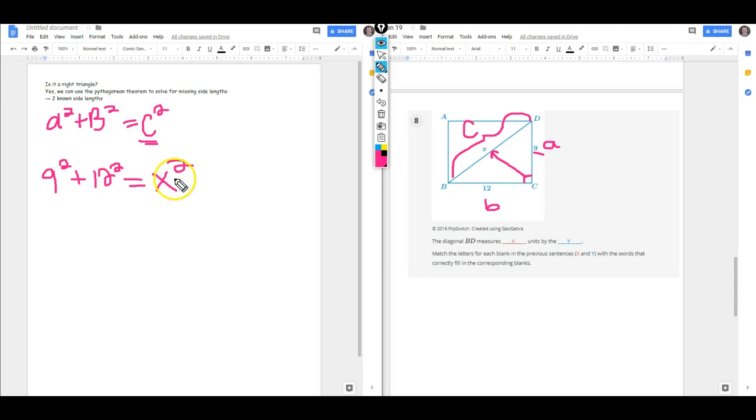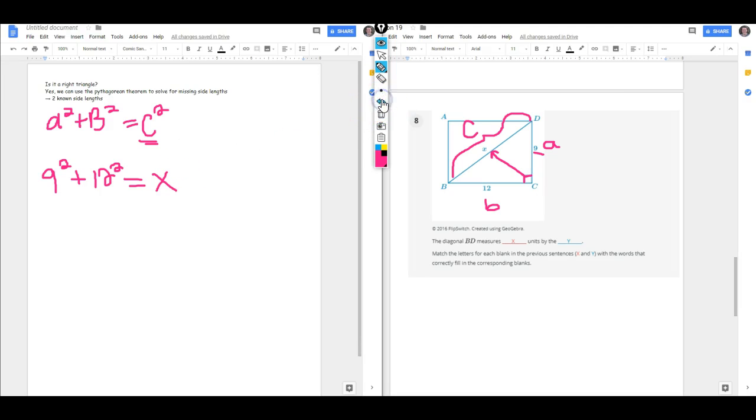And now we're going to solve for our missing side length. I notice this X, the missing variable, is by itself on this side of the equal sign. So I do not have to add or subtract anything across from the equal sign because there's nothing being added to it. The one thing I will notice is that it has a squared.